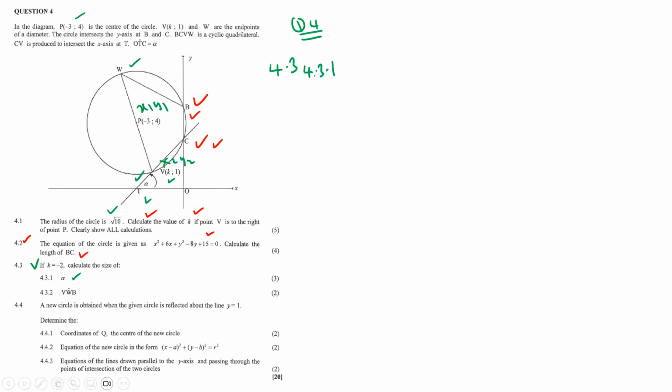Right, in view of 4.3.1, we're interested in calculating the value of the angle alpha, so we can first find the gradient of TC. The gradient of TC is y2 minus y1 divided by x2 minus x1.